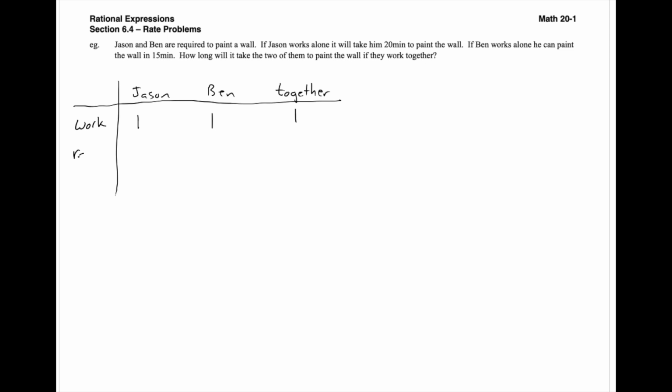Now, we don't know very much about the rate, but we can solve for those. So we're just going to put in a variable for the rate that Jason works, the rate that Ben works, and then the rate together. The rate that Jason works plus the rate that Ben works should be the rate that they do it together. If you paint half the wall in 20 minutes, and someone else paints half the wall in the same 20 minutes, then we can add those 2 rates together to get 1 full wall done in that time.